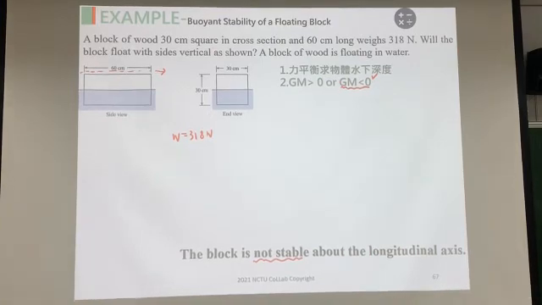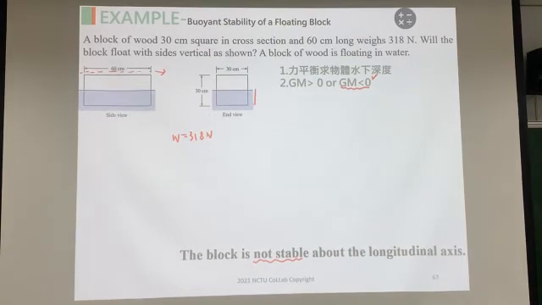Okay, so the first question is we didn't know the depth immersed into the water, right? The question didn't tell you the distance h. So our first question is we need to know the VB. The buoyant force is upgoing. This is FB.